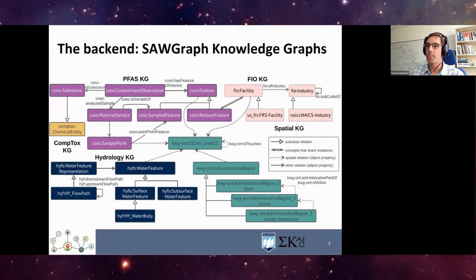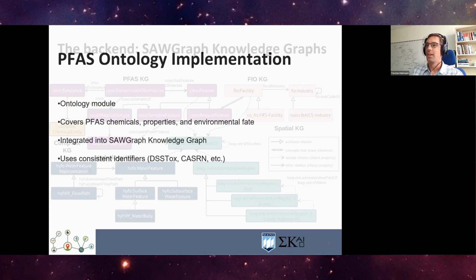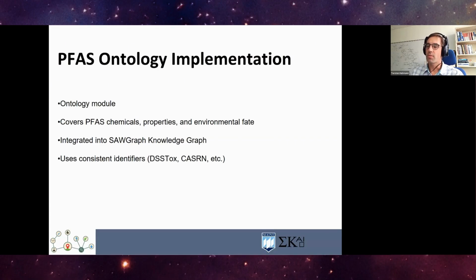You have the yellow one here starting the chemical entities, the chemical substances, and then we will continue with the PFAS knowledge graph, the contaminants, the FIO, which is the facilities and industries, and then move over to the spatial at the bottom and the hydrology graphs before we end with the soil, with the crop graphs. So the first part of the graph is the PFAS ontology, and YZ will be presenting that.